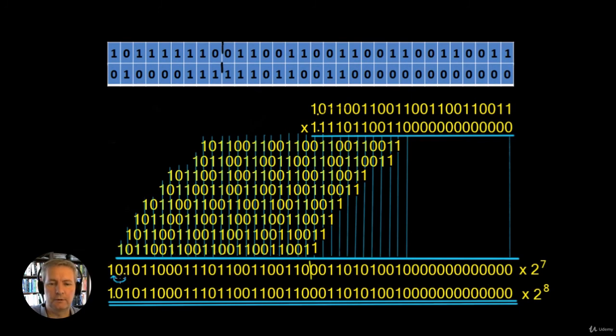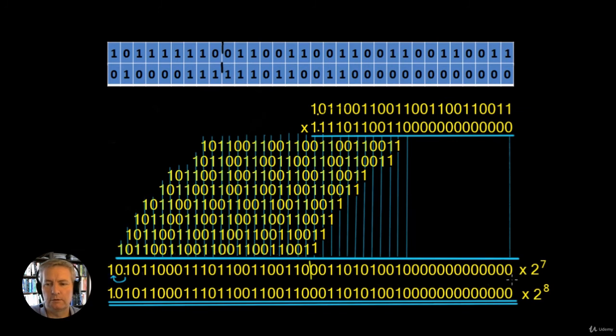So if the decimal point is here, and we've said that we normalise this by ensuring that the highest bit is a value of 1. So the highest bit here, a value of 1, is this bit here. So that means that the decimal point is going to have to move from here, and it's going to have to move to the left by 1 position in order to normalise the result.